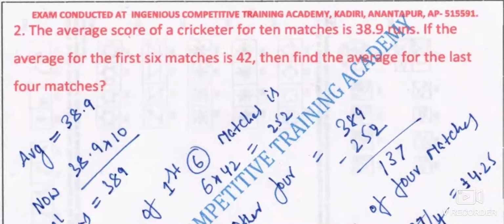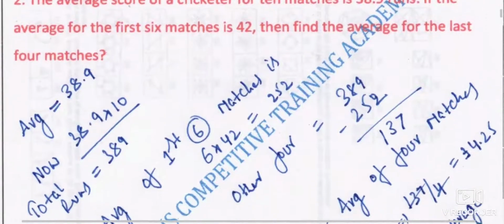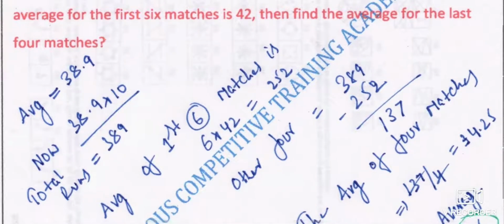The average score of a cricketer for 10 matches is 38.9 runs. If the average for the first 6 matches is 42, then find the average for the last 4 matches. As given, the total runs of the 10 matches is 38.9 into 10, that is 389 runs.